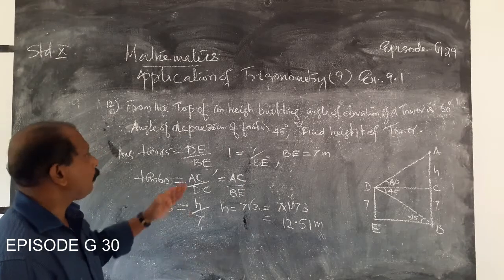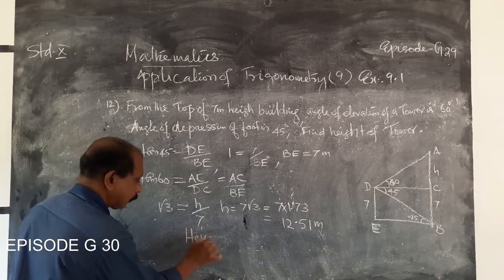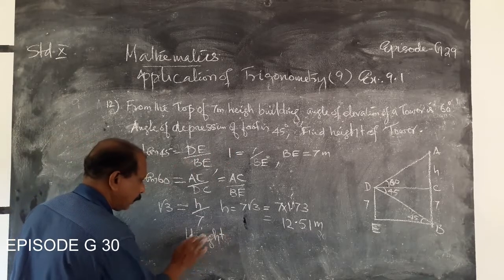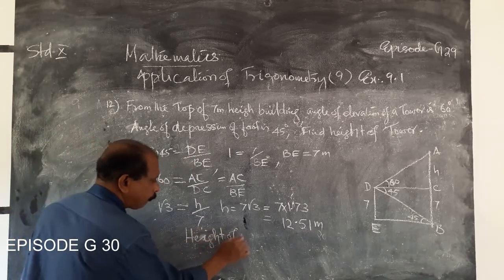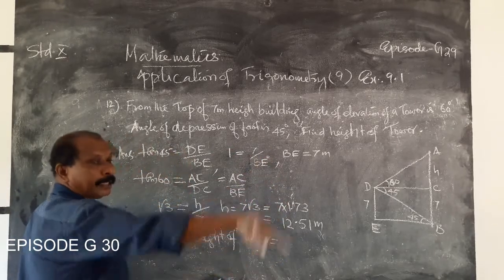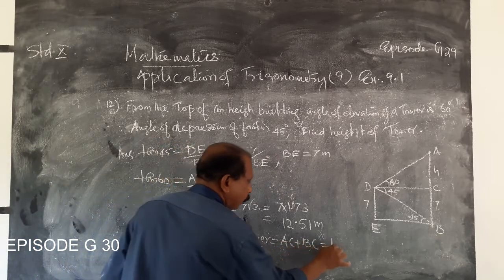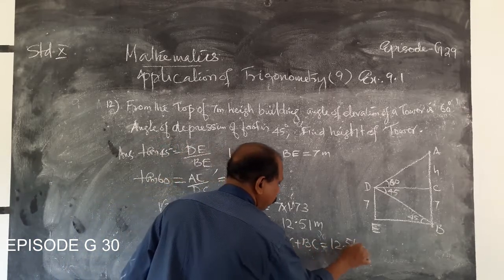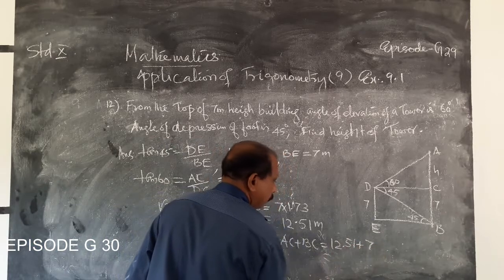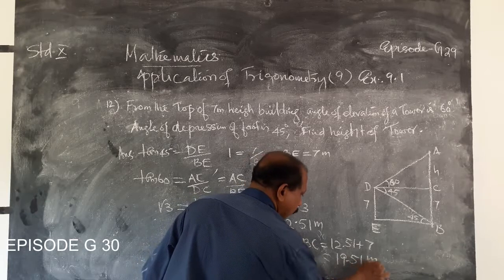Therefore, we can find out the height of the tower. Height of tower is equal to AC plus BC, is equal to 12.51 plus 7, is 19.51 meter.